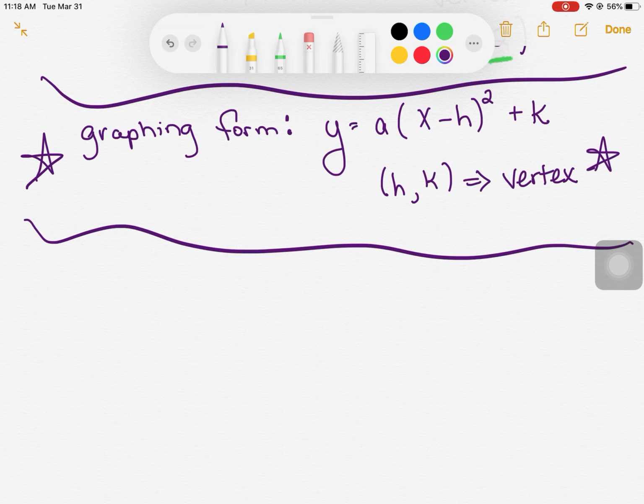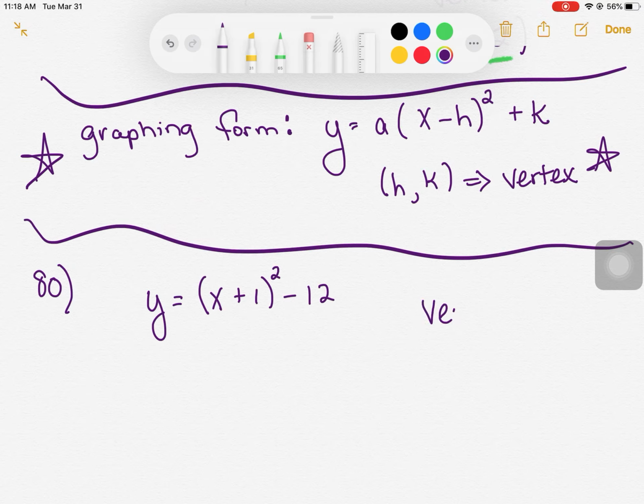I'm going to take a look now at the problem that they put in 80. So they're asking us to look at this equation that is in graphing form. So right away, there is something I know from graphing form. I can look at that equation and I know right away that my vertex is at -1, -12.